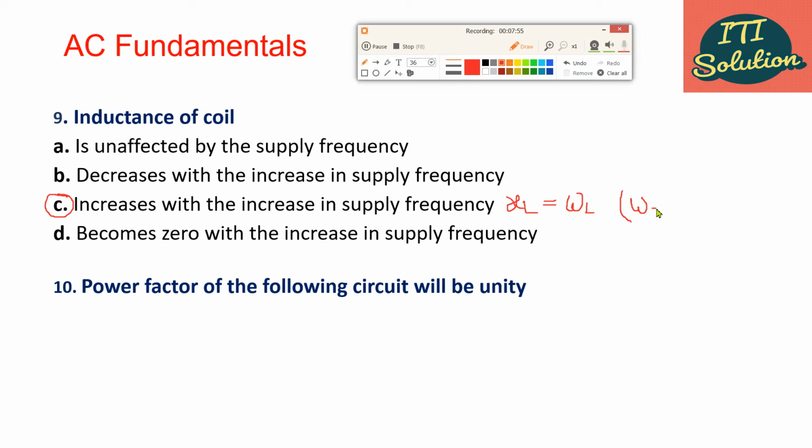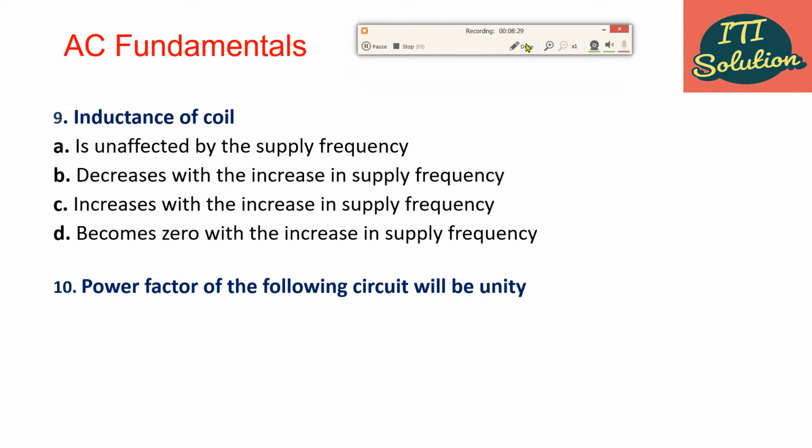The value of omega is equal to 2 pi f, where f means frequency. Unit is radian per second. So if the frequency of supply increases, the inductive reactance of the coil also increases.